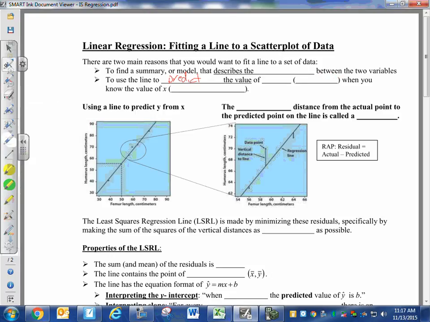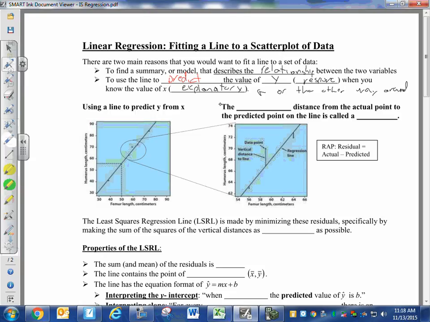Oh no, it really doesn't matter. Value of y, which is the response, given the value of x, which is explanatory. And then you should write right next to it, or the other way around.